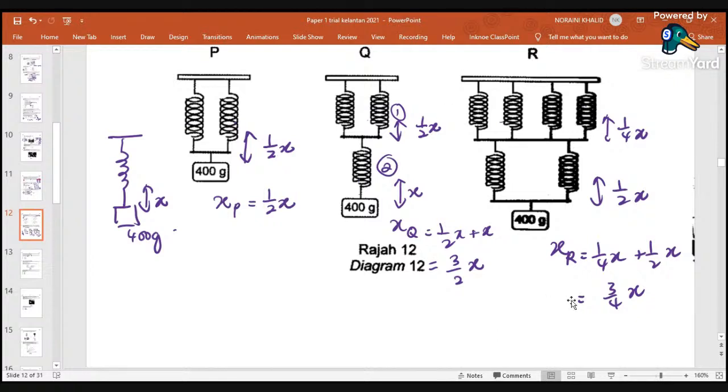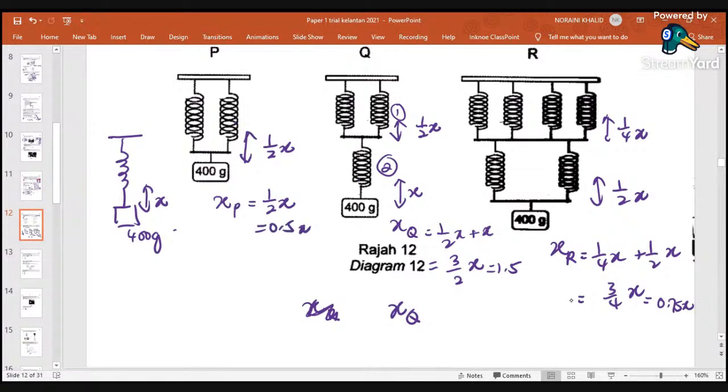So from here you can see XQ is 1.5, XR is 0.75X, and XP is 0.5X.